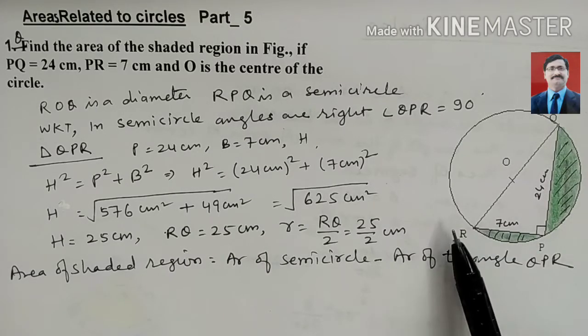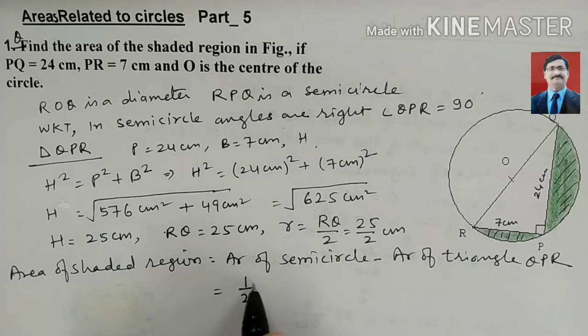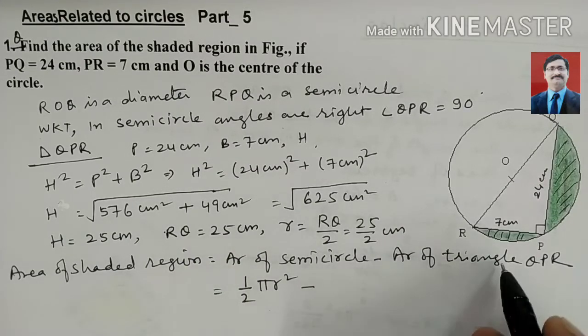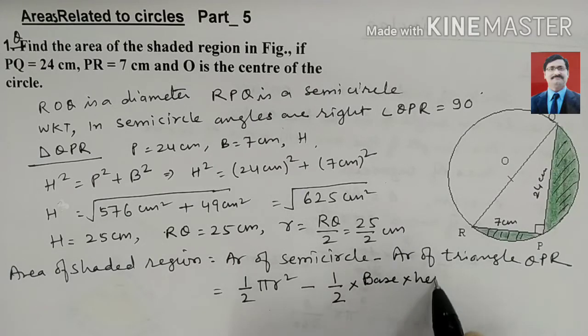So it is very simple. Area of semicircle: semicircle means half of circle. Area of circle is pi r square, so we take half pi r square. And area of triangle: this is a right triangle, so it is half into base into height.